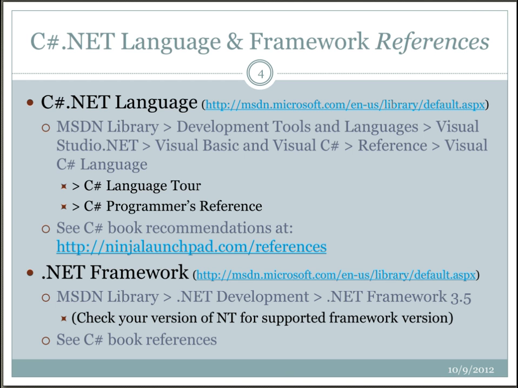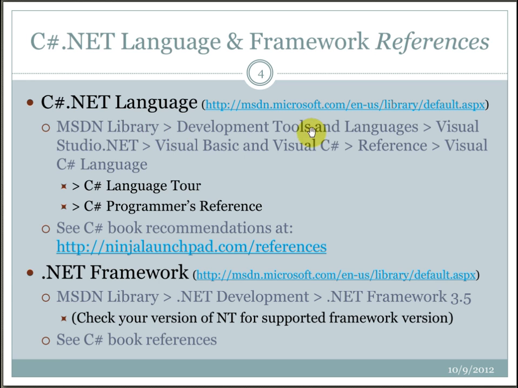Now, here are some references for C#.NET and the .NET framework information that you can get. This link right here and this link right here are the same. They take you to the MSDN library, and from there you'll see a list of links underneath that.